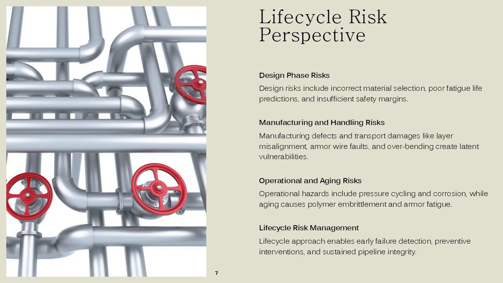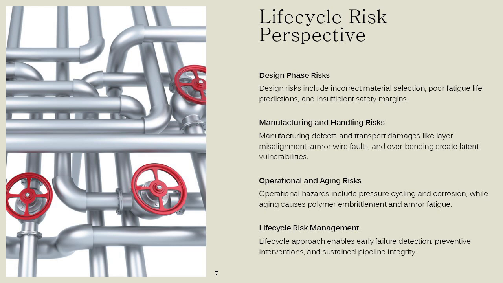Flexible pipeline risk is inherently lifecycle-driven, with vulnerabilities emerging at different stages. During design, risks stem from incorrect material selection, inadequate fatigue life predictions, and insufficient safety margins. Manufacturing introduces hazards such as layer misalignment, armor wire defects, and end-fitting sealing failures, which can become latent defects.